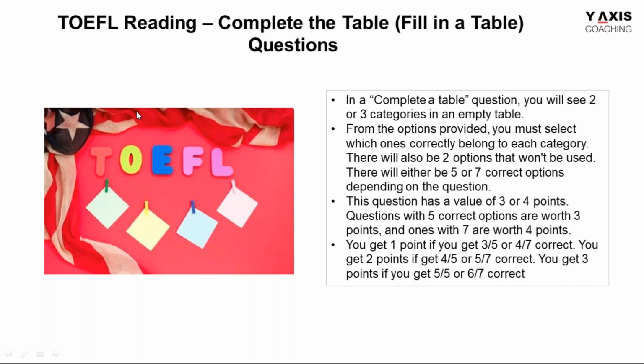You will get only 1 point if your score is 3 out of 5 or 4 out of 7. To get 2 points, you need to answer 4 out of 5 or 5 out of 7. And to get 3 points, you need to answer 5 out of 5 or 6 out of 7 correctly. In case of 7 options, we need to answer 7 out of 7 correctly.